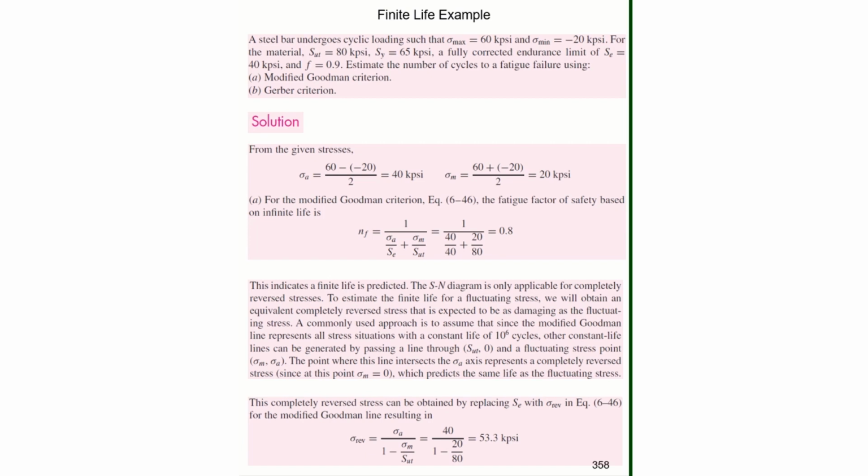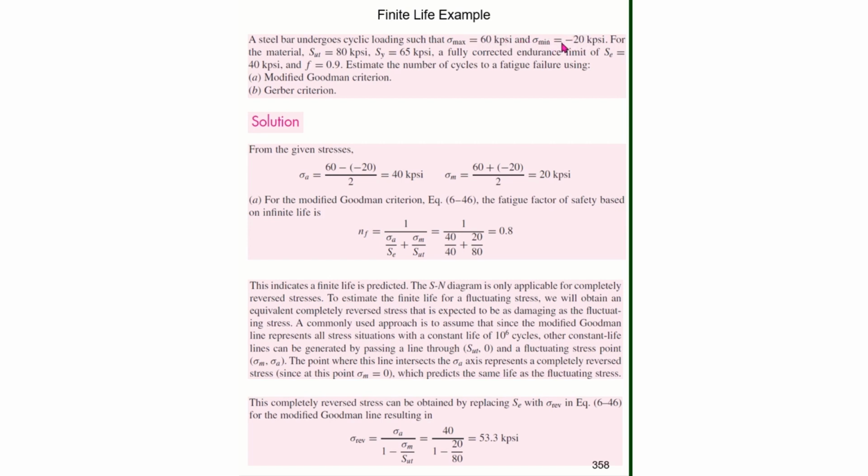We need to make sure we can do a problem like this because it's also a very common problem in machine design, and it's a problem that you will likely encounter when you do stress analysis. So here we have a steel bar that undergoes cyclic loading such that we have a max of 60 and a min of minus 20.